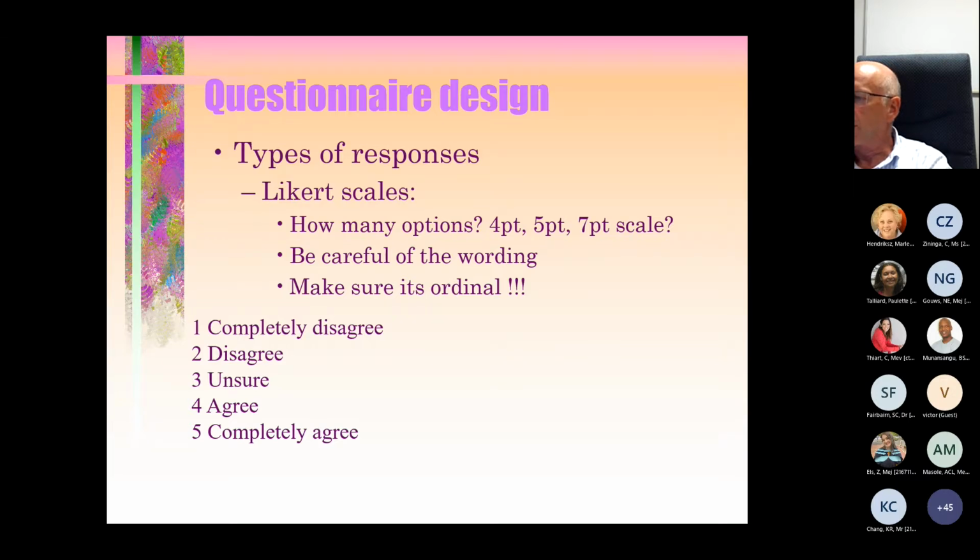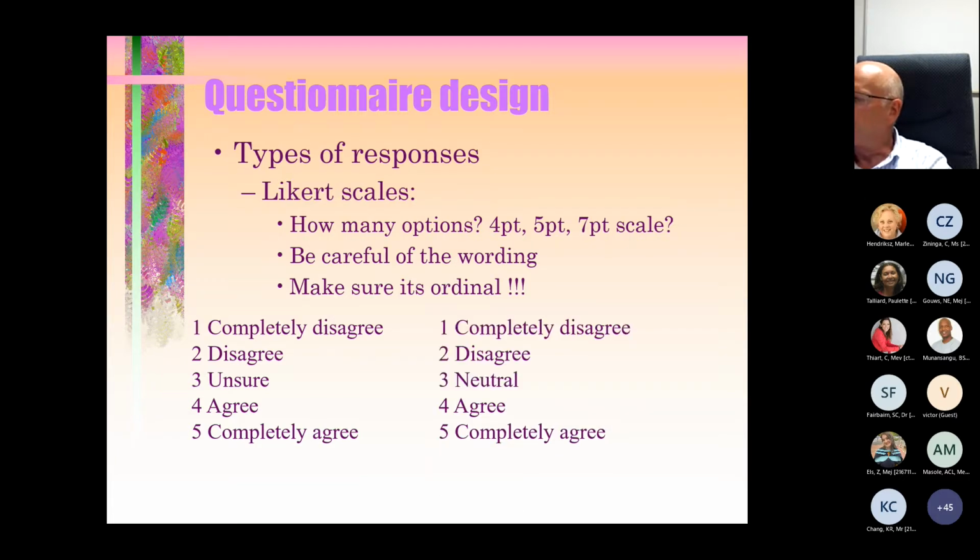So you would then mark unsure, but then it doesn't fit in with the scale on the level of agreement. So a better one is to use the word neutral there, because that fits in between the disagree and the agree options.